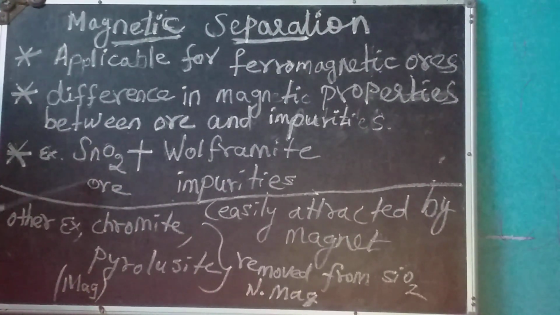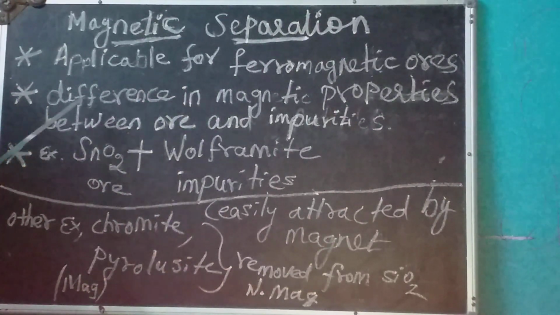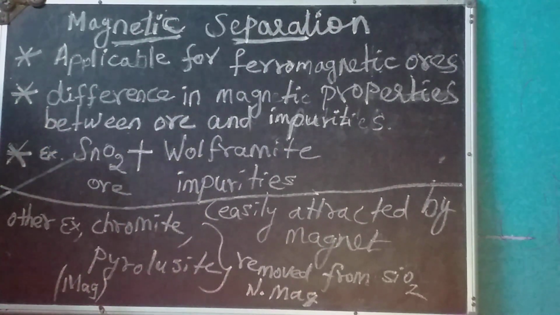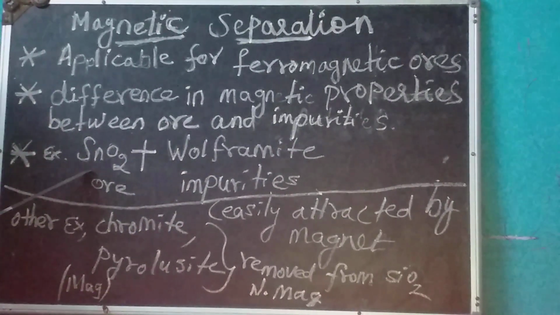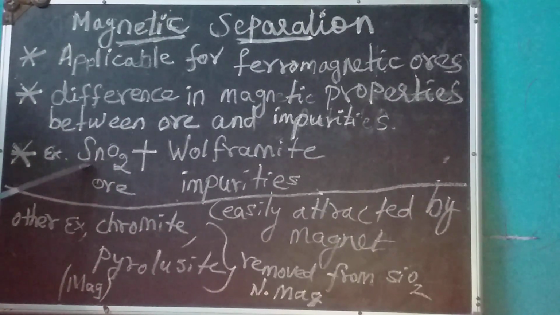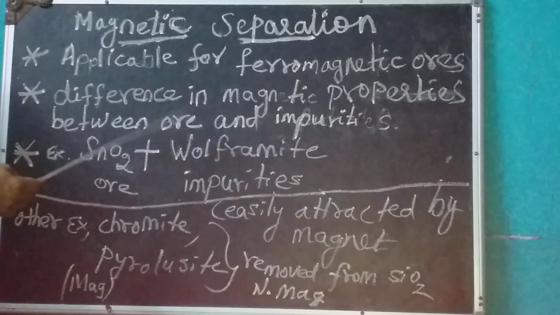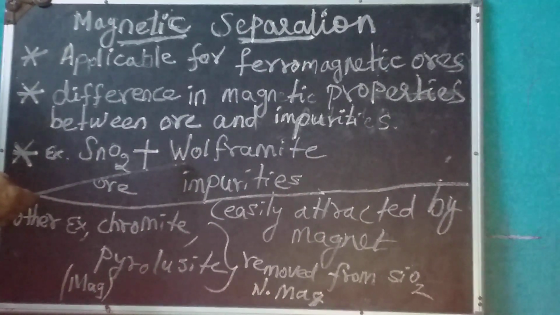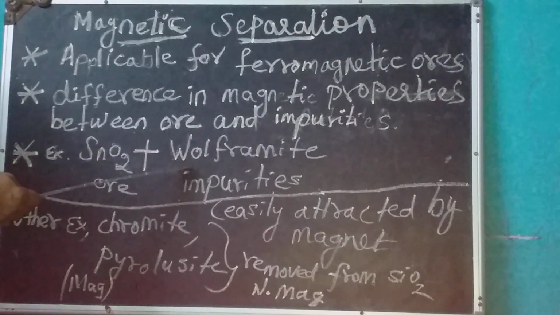Once again I repeat, there should be a difference in magnetic property between ore and impurity. If you take the example of ore as well as impurities, tin stone is not attracted by the magnet, so it is called a non-magnetic ore. Wolframite has iron and tungsten as the main elements, so this wolframite is easily attracted by the magnet.